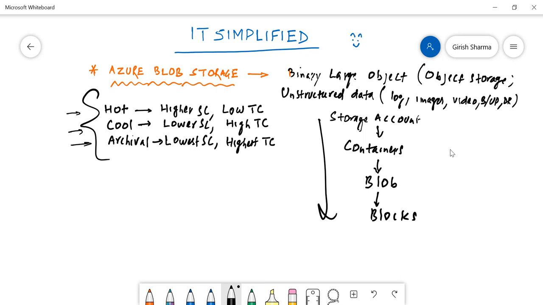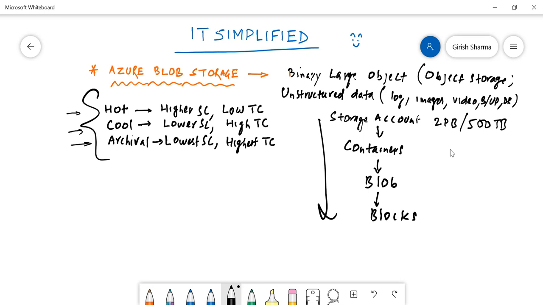Now, the size of the storage account will vary from 2 petabytes to 500 terabytes depending upon the region. If I remember correctly, the US and Europe have a limit of 2 petabytes, and all other regions including the UK have a limit of 500 terabytes.